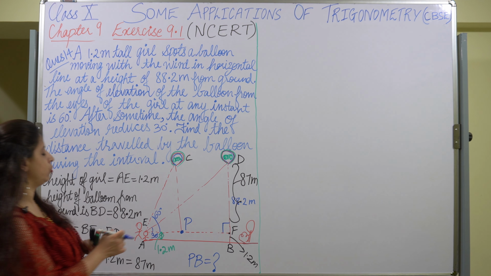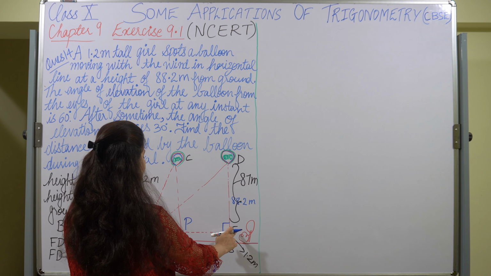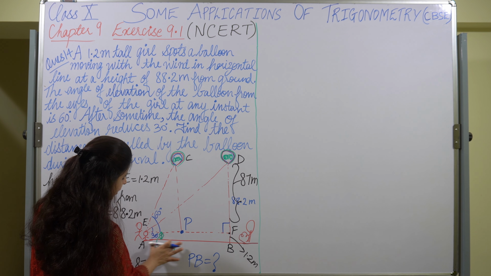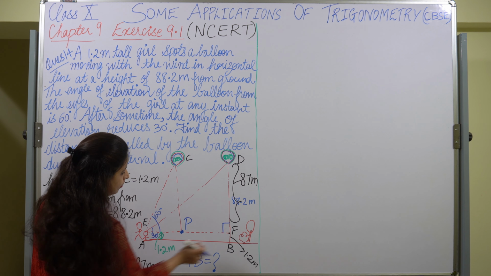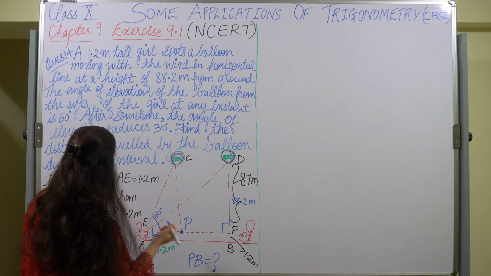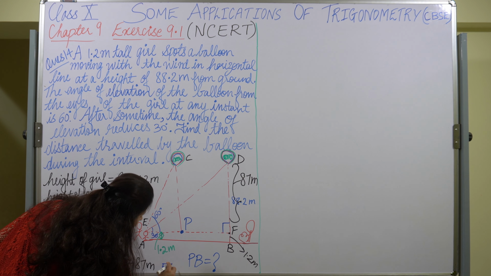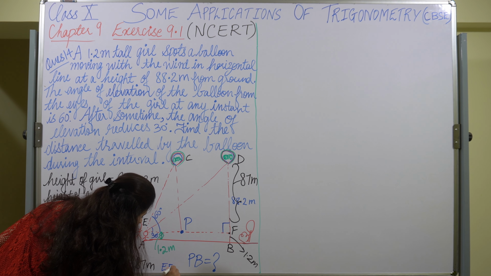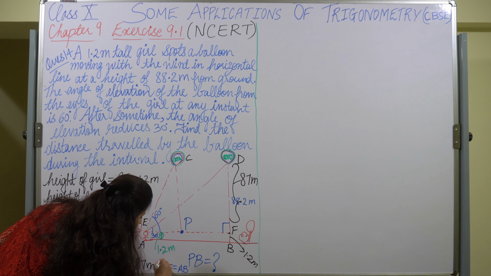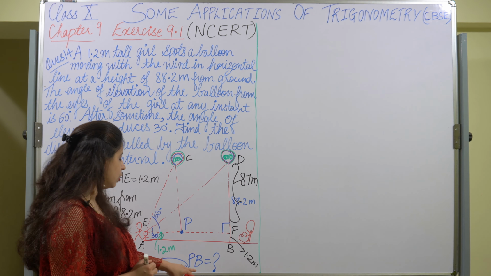First we will consider the triangle EFD. Now EF, the reference line, is always equal to AB. EF will be equal to AB. And PB I need to find out.